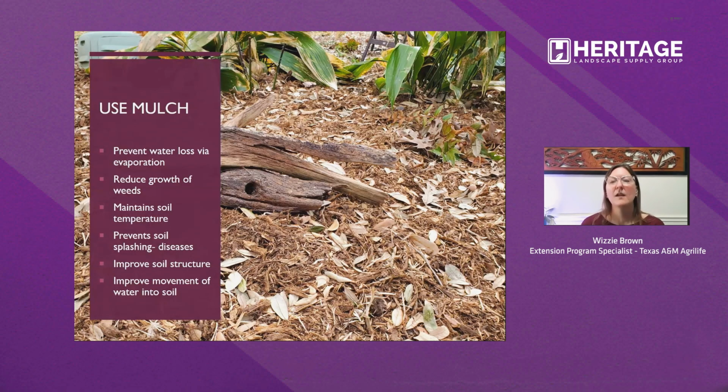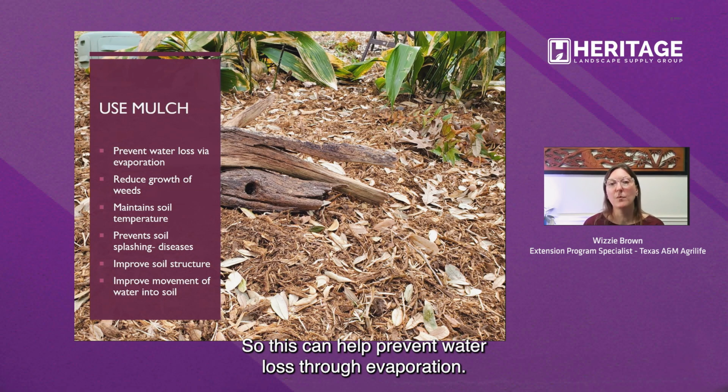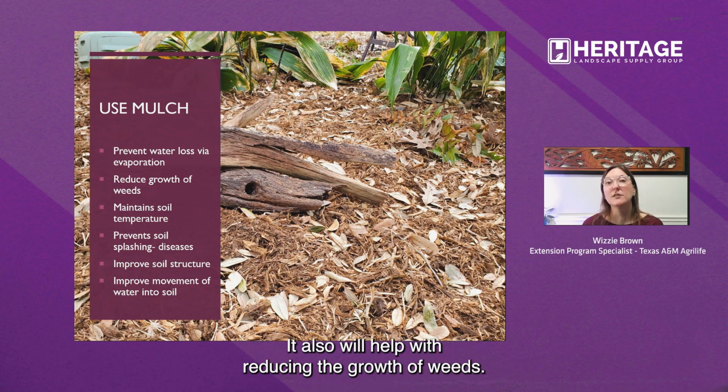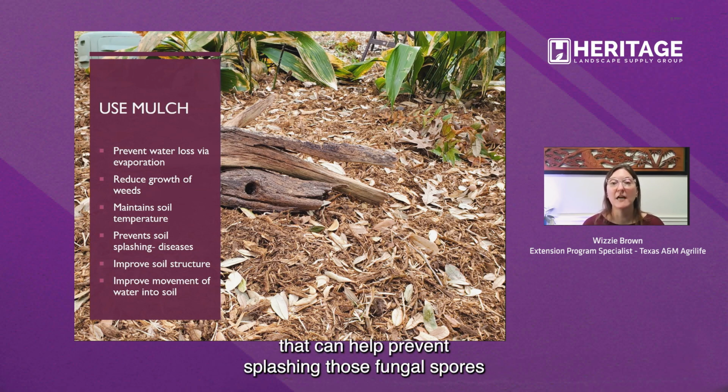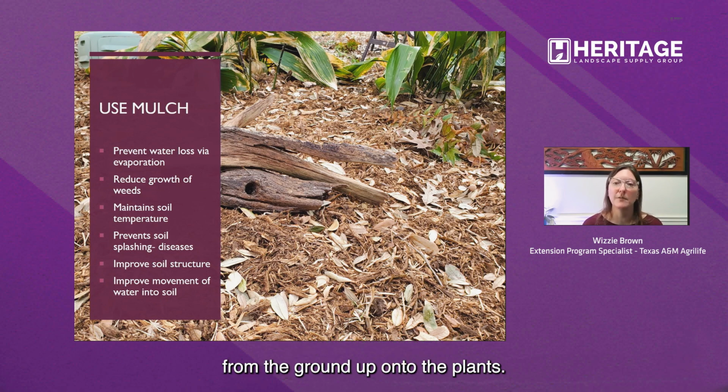So our first one is using mulch. So this can help prevent water loss through evaporation. It also will help with reducing the growth of weeds. It maintains the soil temperature. And then this can also be something that can help prevent splashing those fungal spores from the ground up onto the plants.